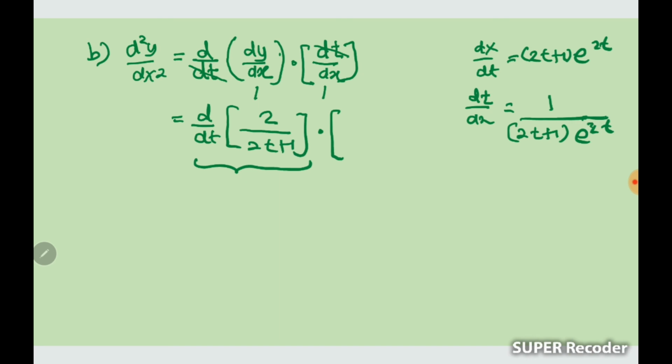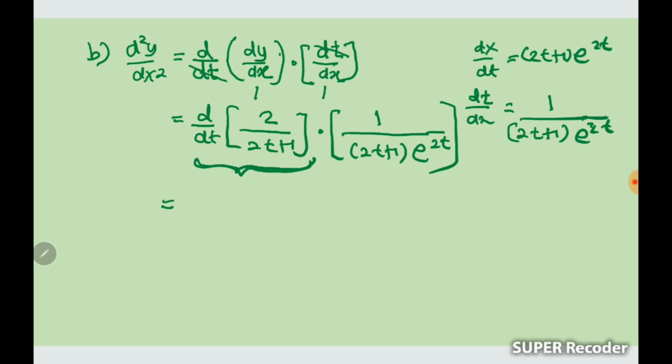So I will substitute dt/dx by 1 over (2t plus 1) multiplied with e to the power of 2t, close the bracket. Okay, don't forget to differentiate this one first. To differentiate this, you can use the quotient rule, or you can bring 2t plus 1 up, okay? But I will use the quotient rule here.